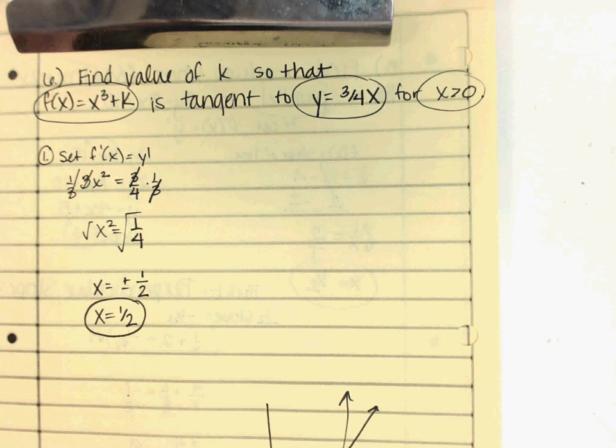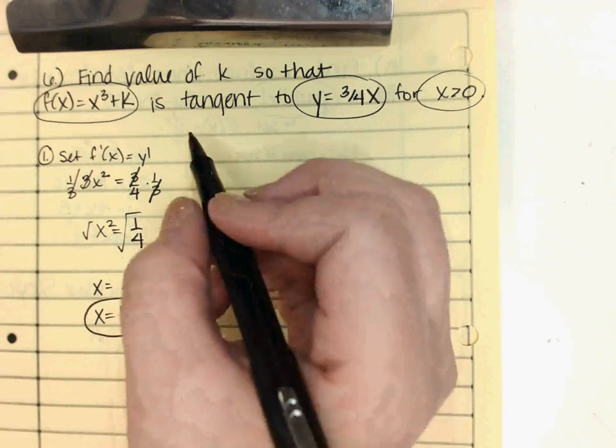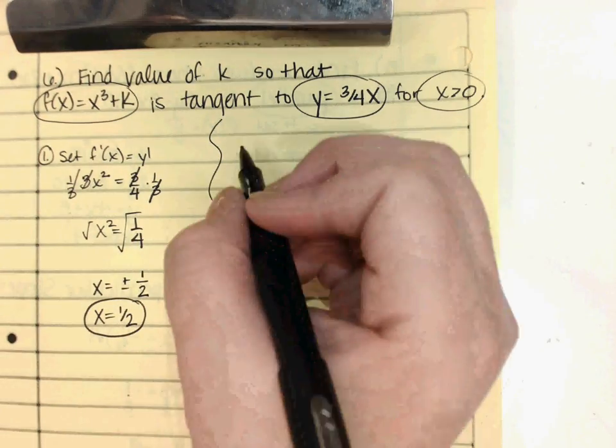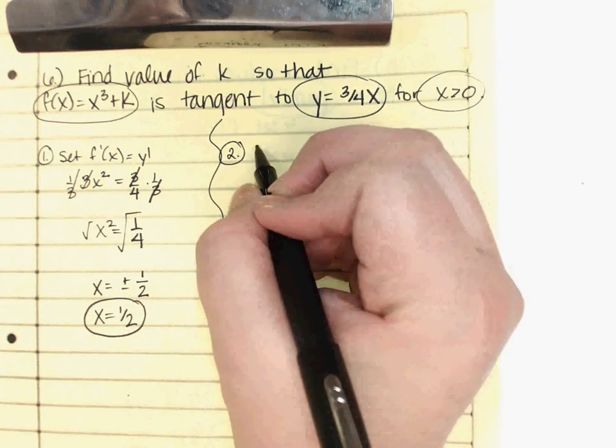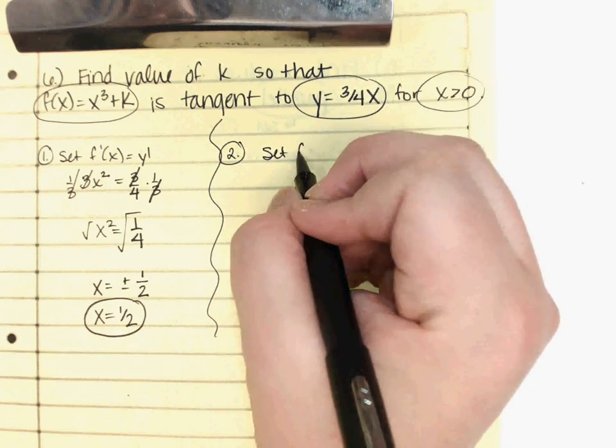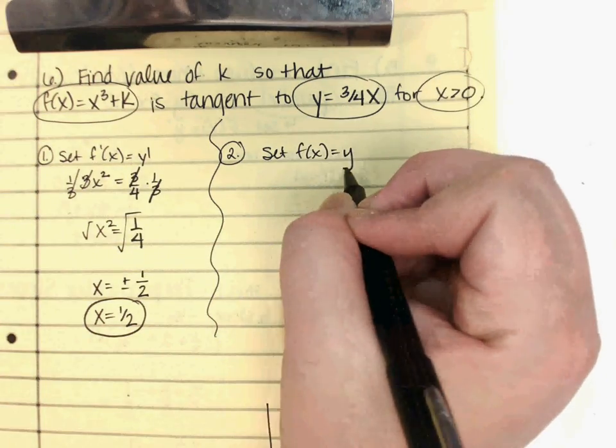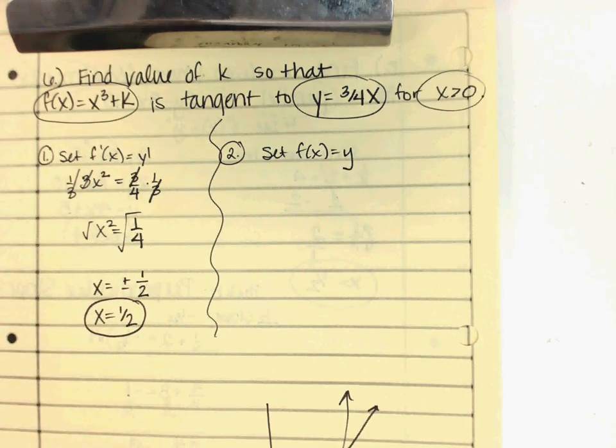Now, that tells me that my derivative is equal to the right thing at that point. What else has to be the same? Not just the derivatives, but the originals, or the y values. Very good. So after I do that, step number 2, I'm going to set f of x equal to y. But those are the originals.